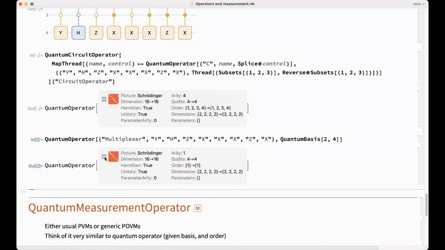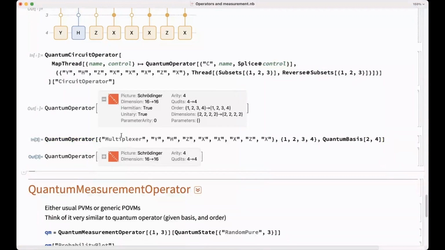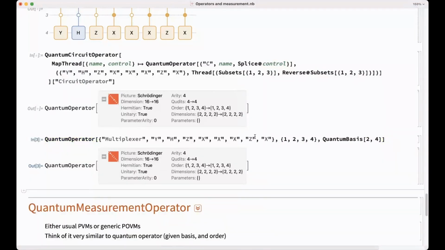Still a bit out of order. It's not. Oh, and 1, 2, 3, 4 with the basis. What we've tried. Maybe we need to do some simplification on the circuit because it's 16 by 16.